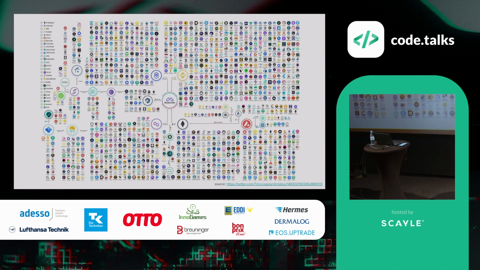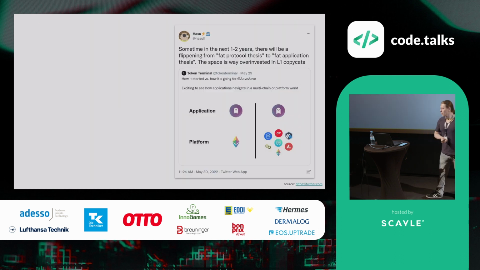But still, this is just a glimpse of what is actually going on in the blockchain world. And we can see it when we take a look at Twitter, because the discussions there are pretty wild. I brought some examples for you. The first one is about Aave.